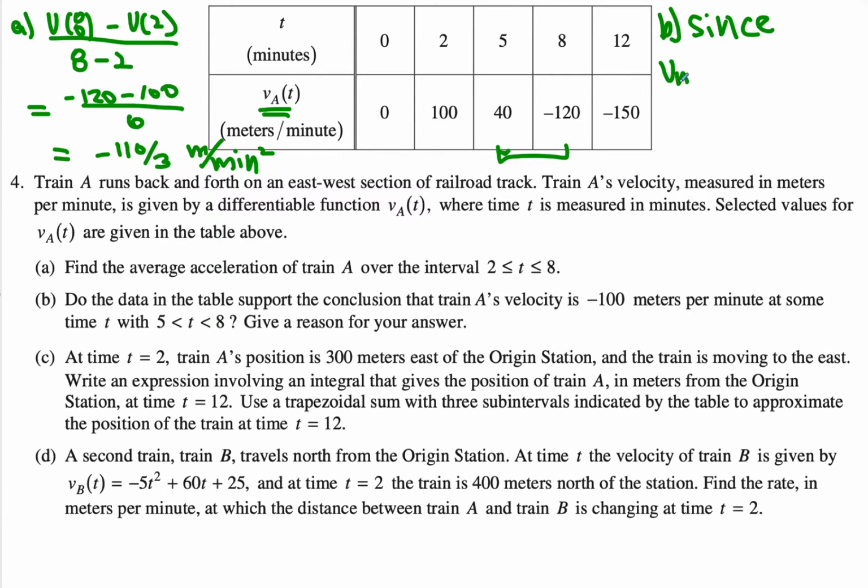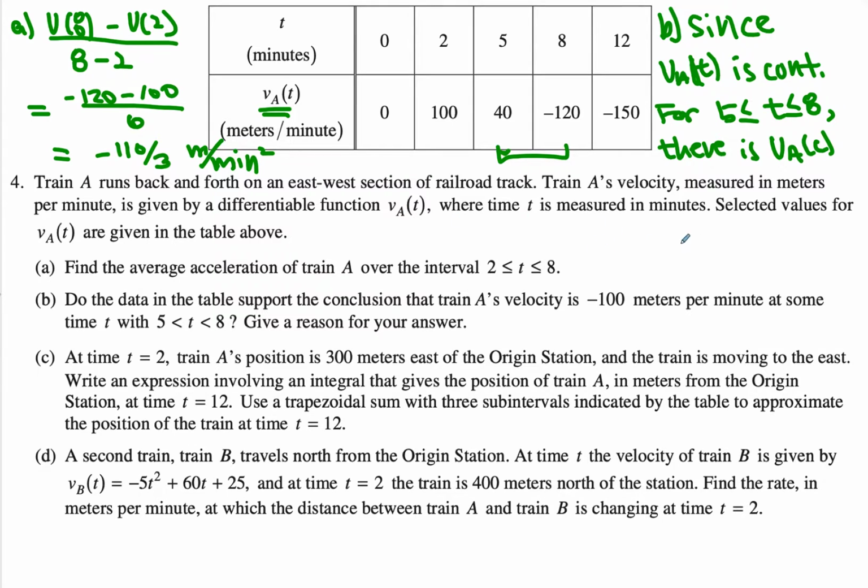Since v sub A of t is continuous for 5 to 8, there is a c where v sub A of c is equal to negative 100, by the intermediate value theorem, because v of 5 is equal to 40, while v sub A of 8 is equal to negative 120.